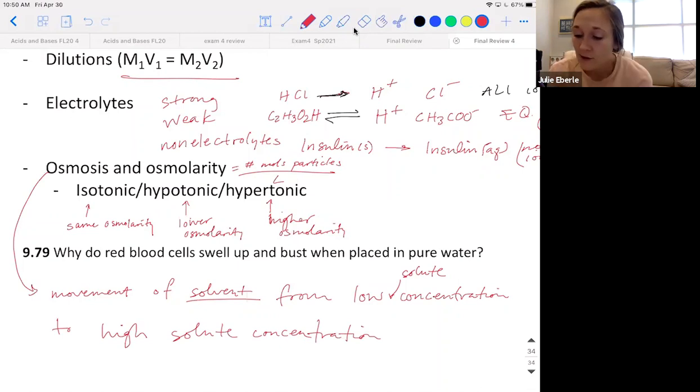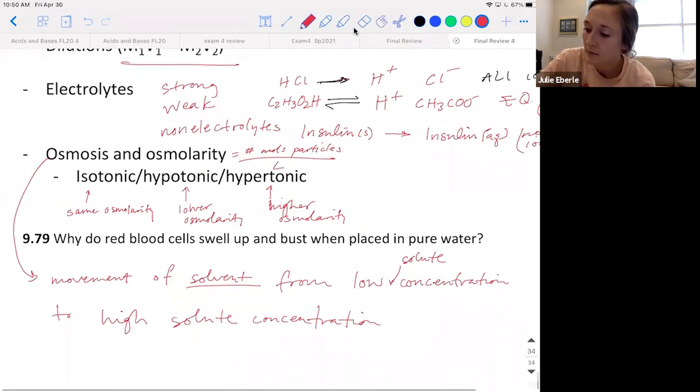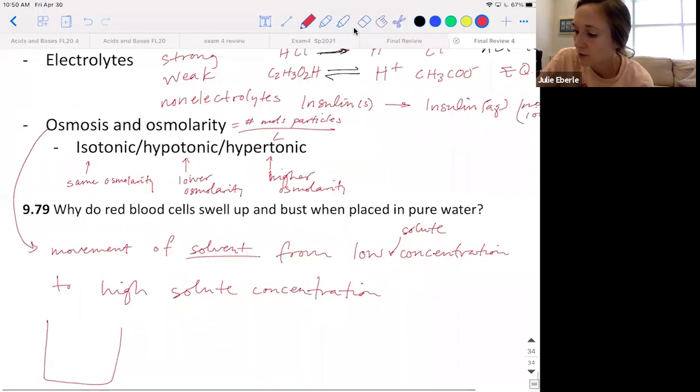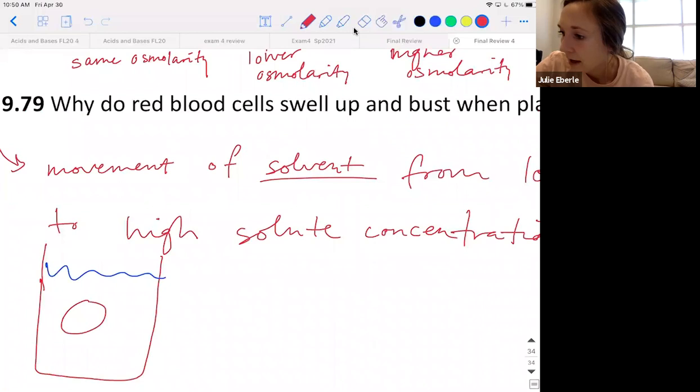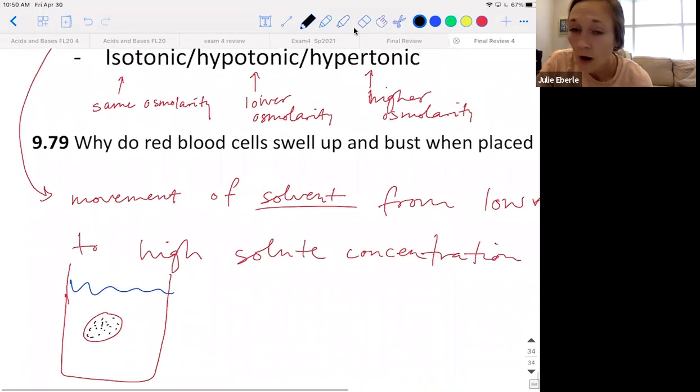So that leads us directly to the very last question of the review today. Why do red blood cells swell up and bust when they're placed in pure water? Let me draw us a quick little picture. Got a beaker of water here. And we have a red blood cell. That red blood cell might have a whole lot of sugar, salt, all different kinds of ions in it, okay? And the pure water has no solute particles.